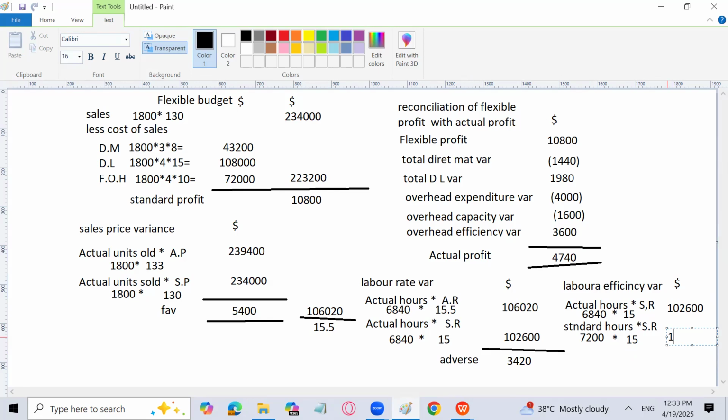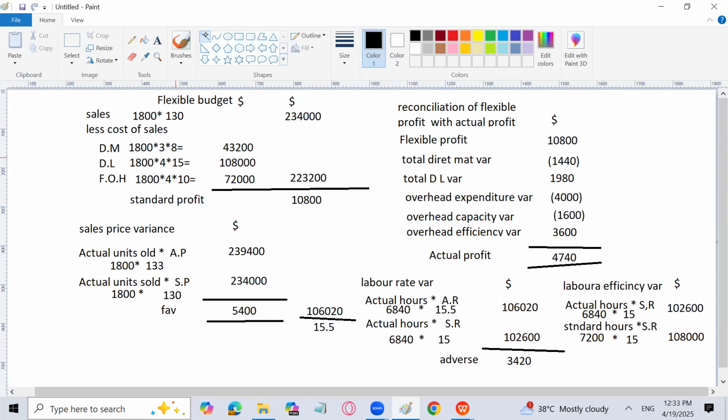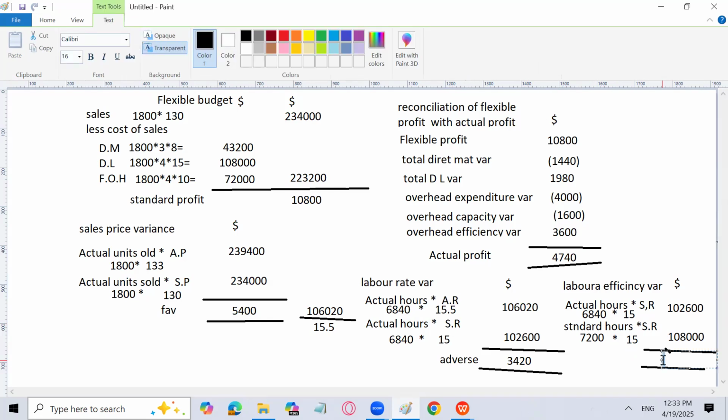That is 1,08,000. So this is why our variance is adverse, because we are making more payment to our labor. Should have been paid 15, but we are paying 15.5, but they are not skilled. They are taking longer time to produce the same units.